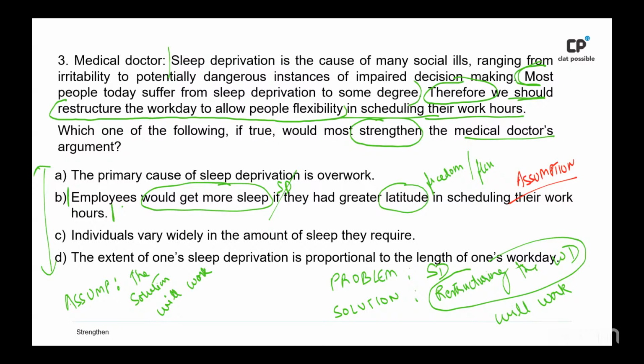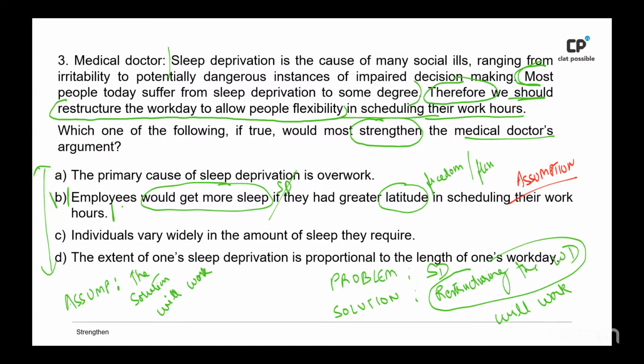But we have to eliminate the other options, because sometimes it could be the case that an assumption is given in the option, but it is not providing the strongest support. It provides support, but not the strongest support. That could also happen. But so far we understand B is providing support.